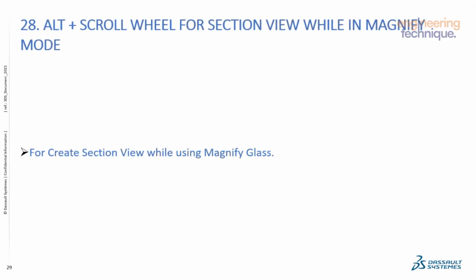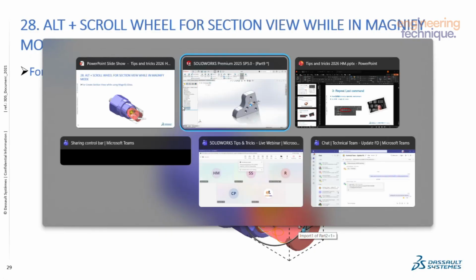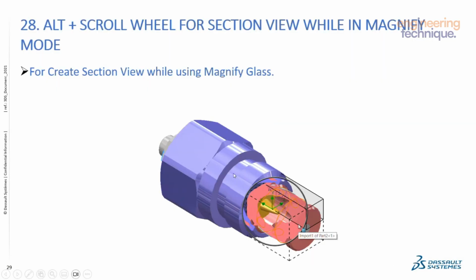Alt and scroll wheel is the magnifying mode. This option shows the inside view of the geometry.